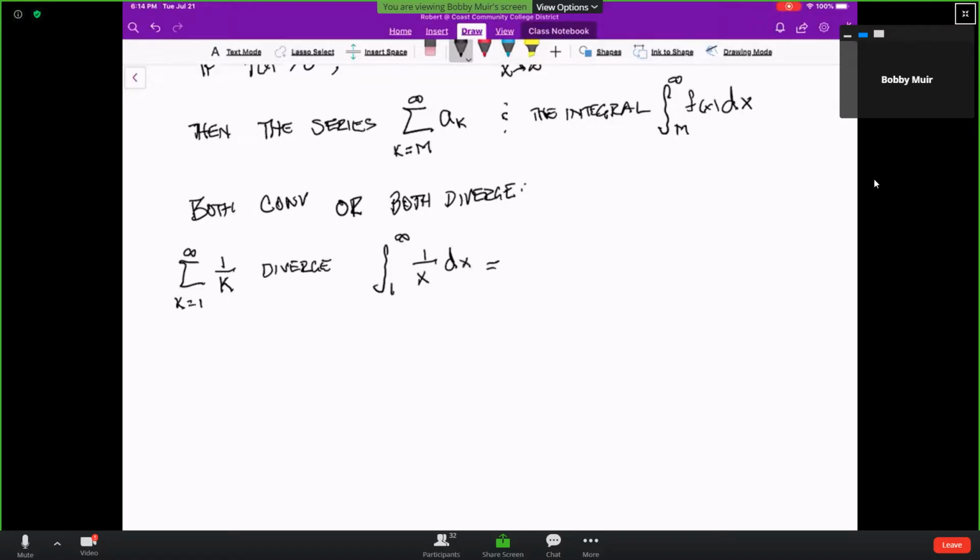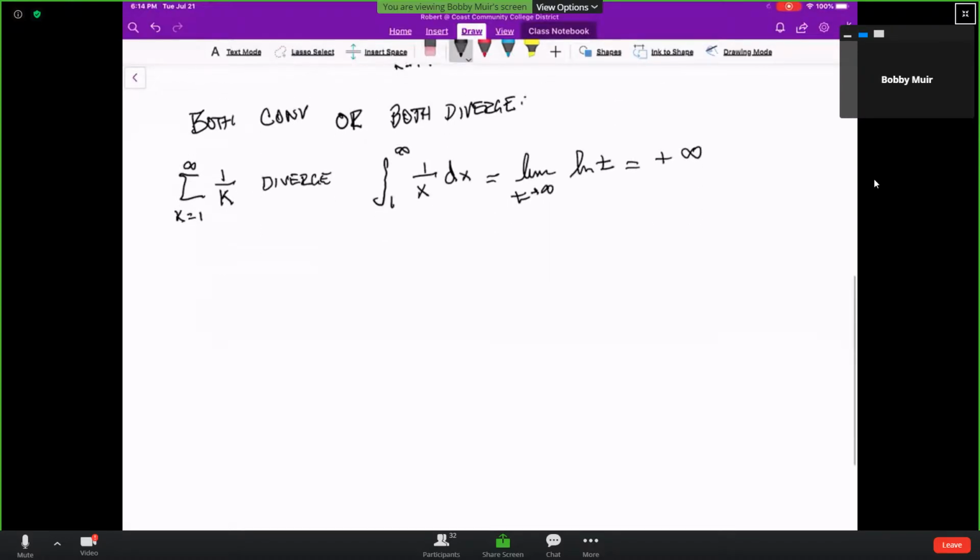That's going to be the limit as t goes to infinity of the natural log of t. And the log is an increasing function. And so it is going to go to infinity. So they both are going to do the same thing.